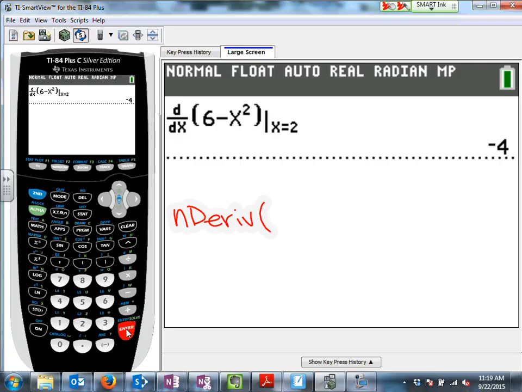Mine did that at first, but then I got it into graph mode and cleared it. But regardless, 83s are like this. You're going to type in your function with respect to x evaluated at 2. Close parentheses.